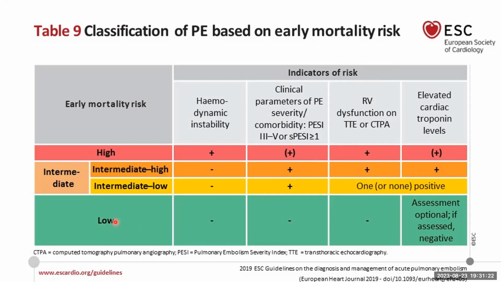And then in low risk, nothing will be positive. So this is a stratification on early mortality risk, and the treatment is actually based on this. This is a very important stratification given by the European Society of Cardiology 2019, which are the latest guidelines on the management. There is no other guideline after that actually, which is more specific than this.